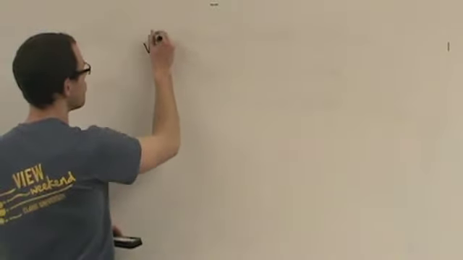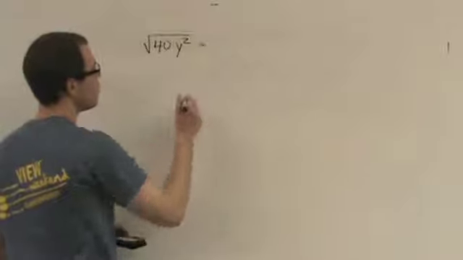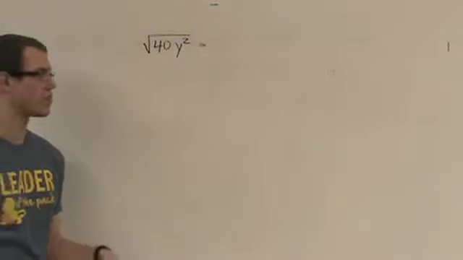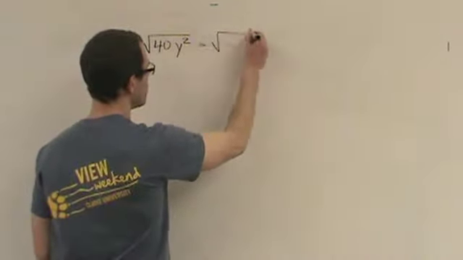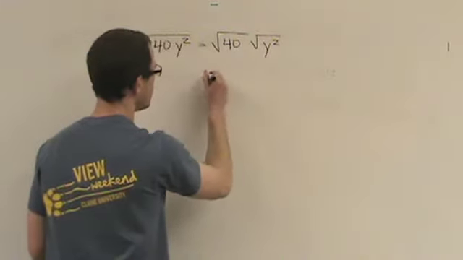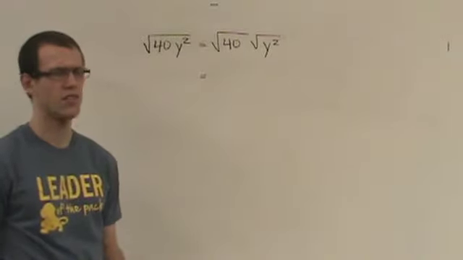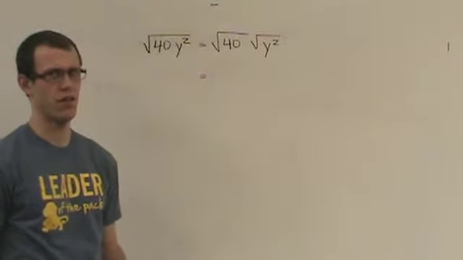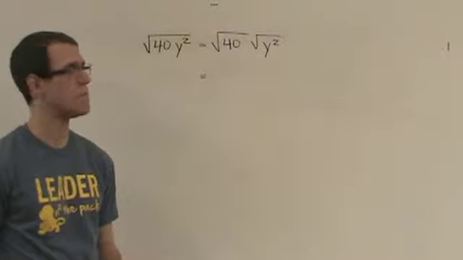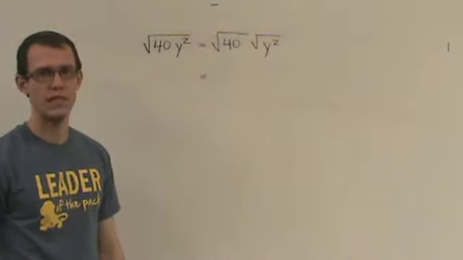Let's do another one that's a bit more challenging. Let's try the square root of 40y squared. So let's break it up into the radicals, into their own houses. So square root of 40, square root of y squared. What's the square root of 40? If we look on our perfect square list, 40 is not on there. So it looks like we have to do it the old-fashioned way. What multiplies by what to equal 40?